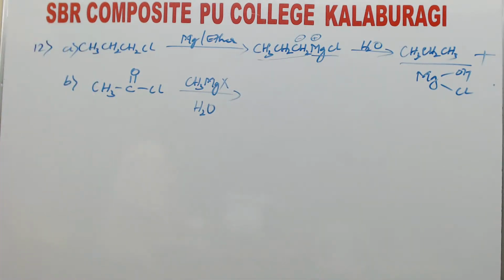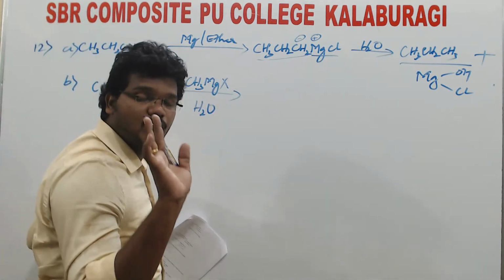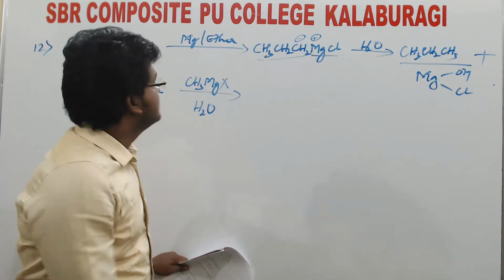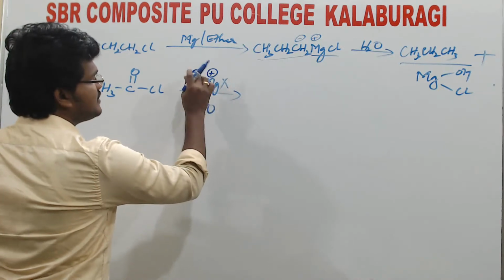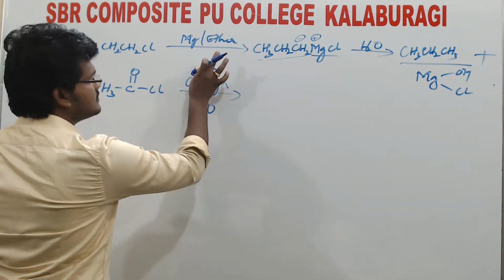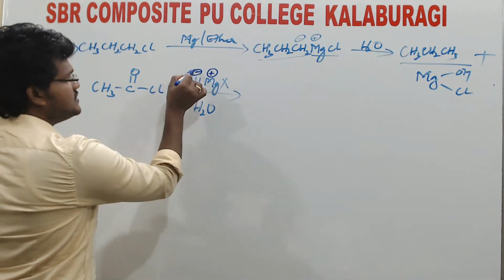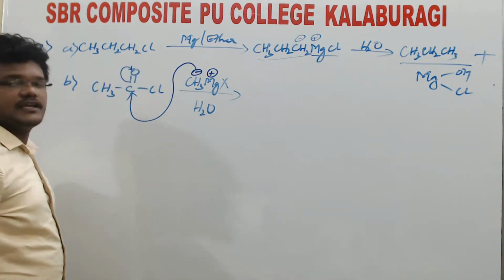When a carbonyl compound is made to react with Grignard reagent, please do remember we are going to get alcohols. We won't get alkanes. In CH3MgX, this is minus, and on Mg I will be having plus. So CH3 minus and MgX plus. This CH3 minus will come and attack C, and there will be a transfer of electrons.